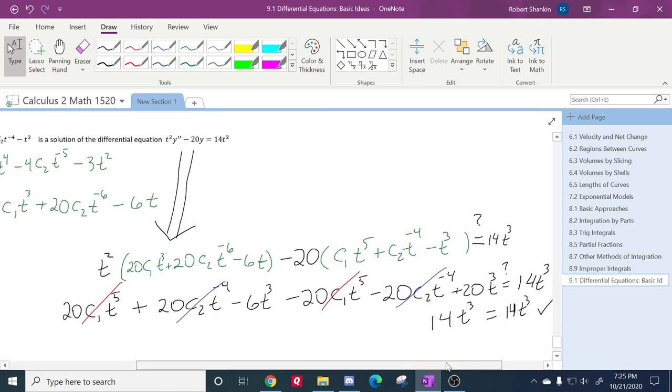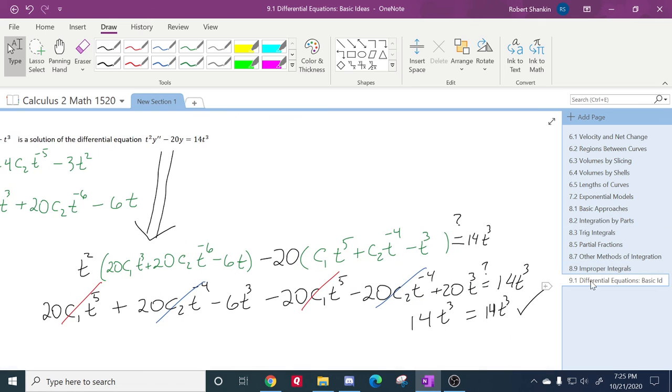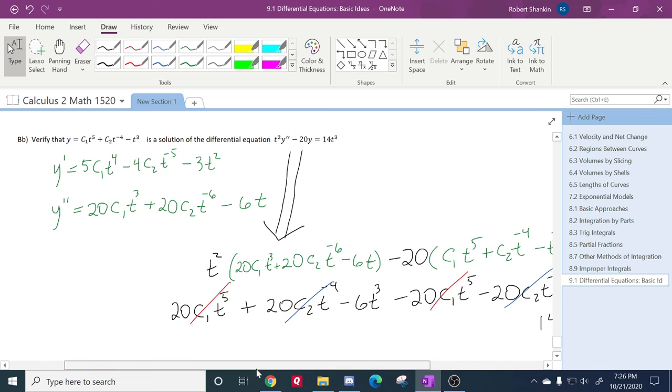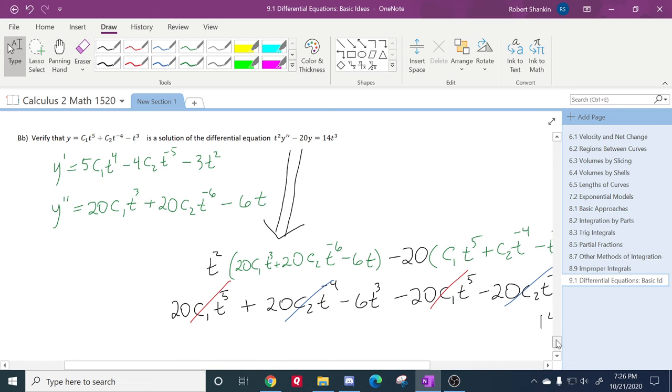All right, that's it for this section, 9.1, differential equations, basic ideas. Are there any questions dealing with this section? If there are no more questions on this section, we can go to questions on any homework or prior problems.